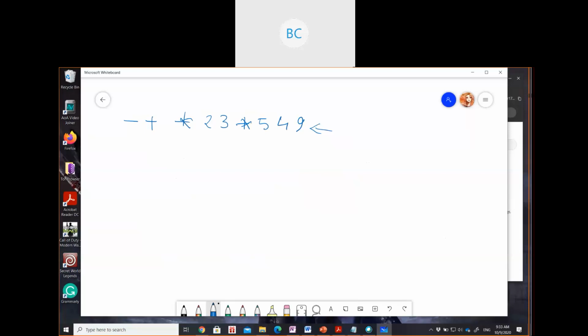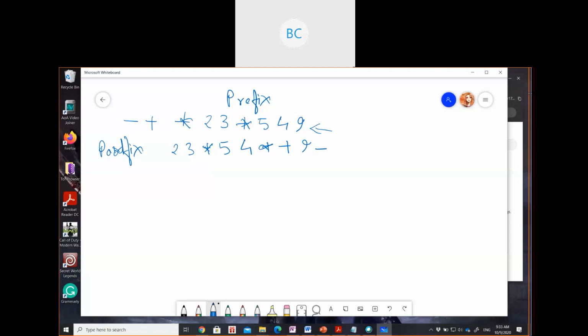This one was your prefix, right? And I did the postfix. Postfix was 2, 3, minus. I did the postfix one.